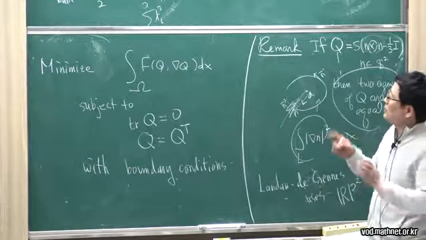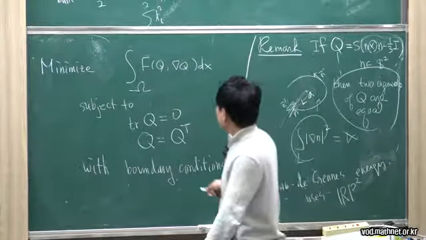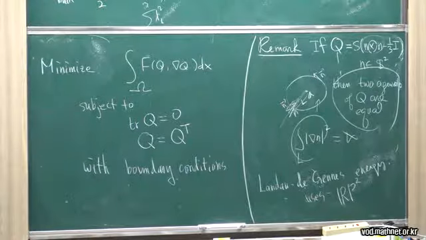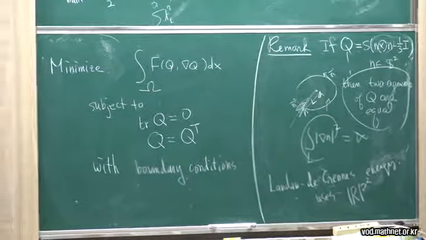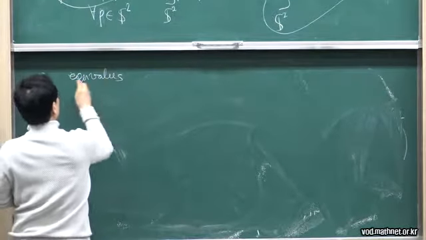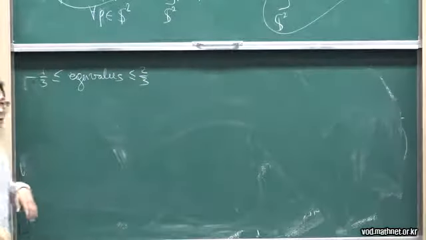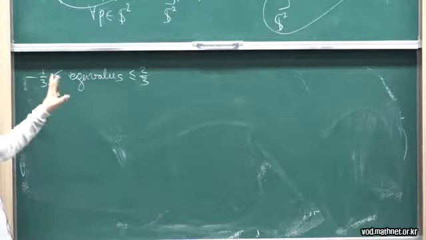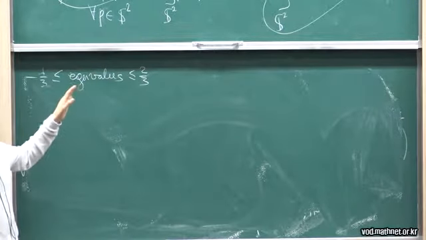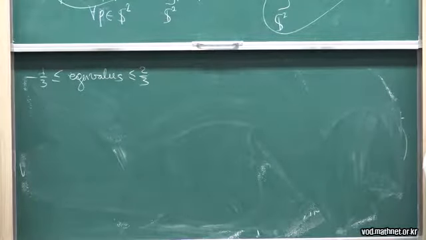One of the things I want to remark on for Landau-de Gennes energy: at the beginning I defined Q, and the eigenvalues of Q should be between -1/3 and 2/3. But when you have the energy, there's no constraint for eigenvalues. So when you minimize this energy, we don't know whether the eigenvalues are greater than 2/3 or less than -1/3.